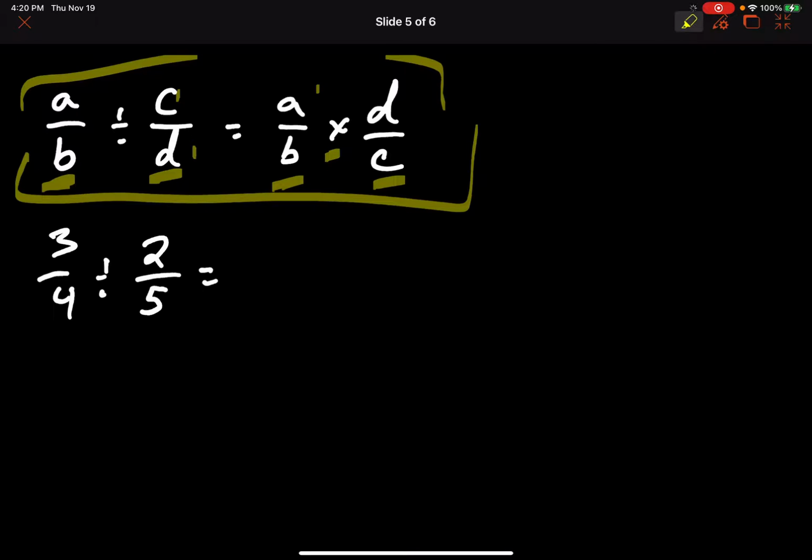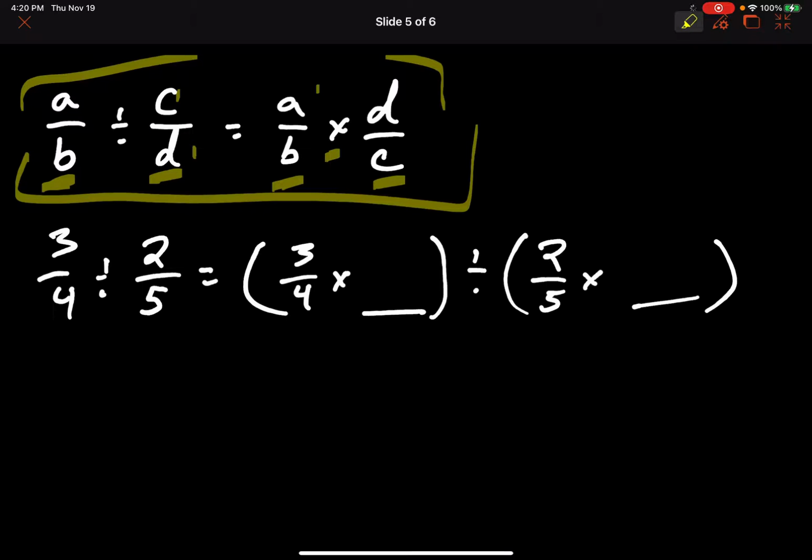So this is me showing you a different way that shows why the reciprocal works. If I multiply this fraction by the same thing I multiply this fraction by, it's going to create an equivalent fraction, right?